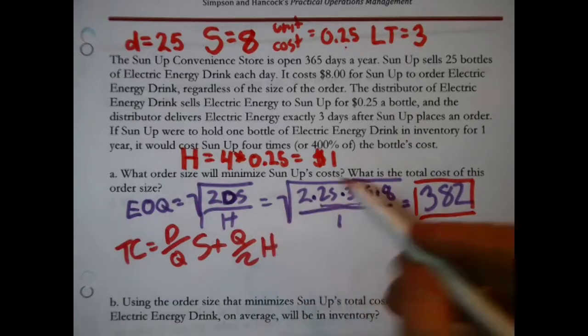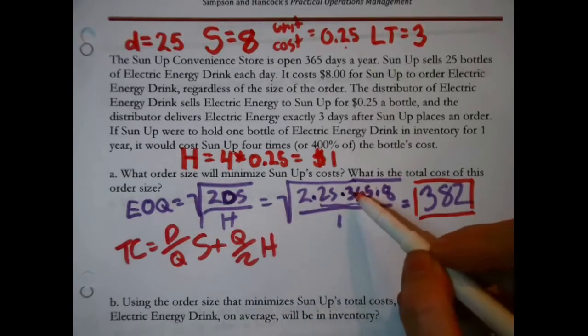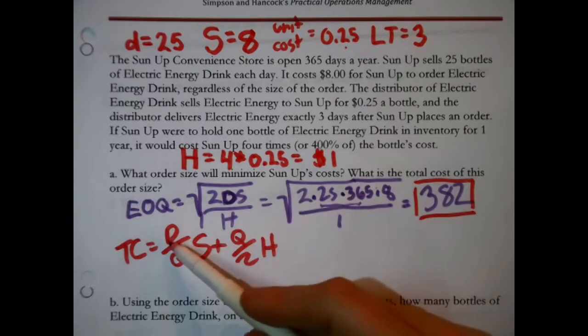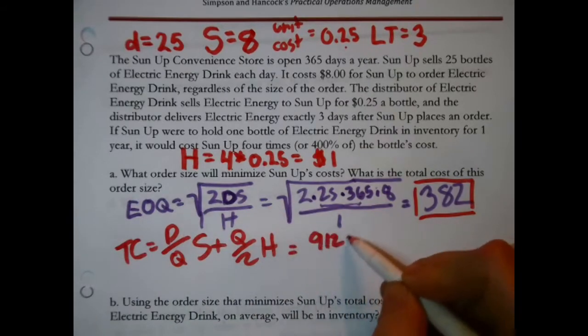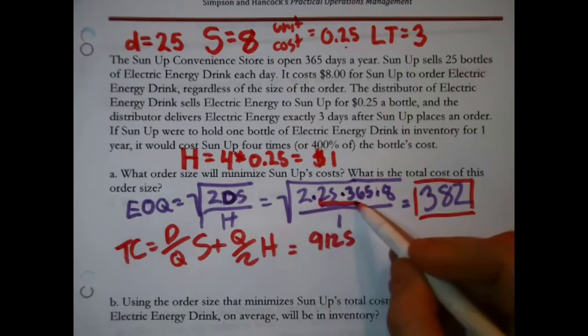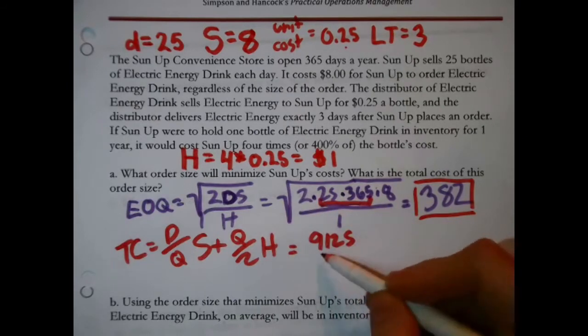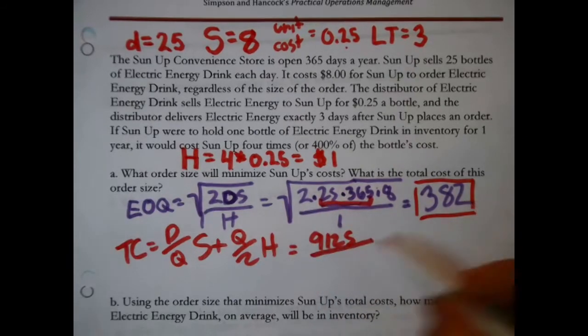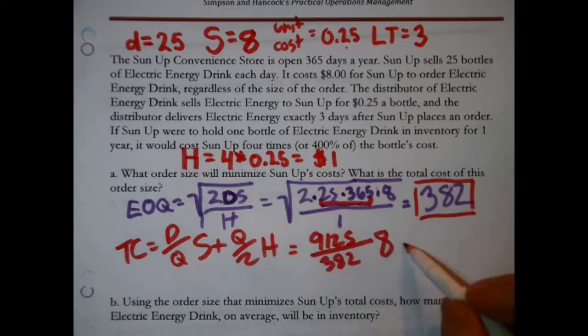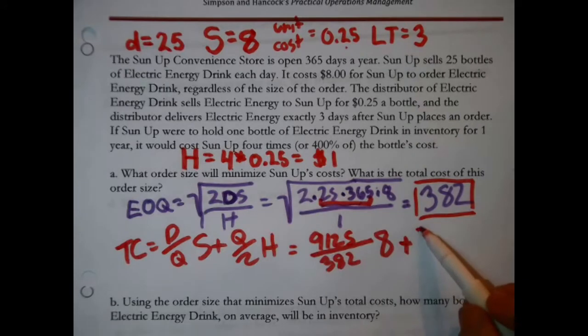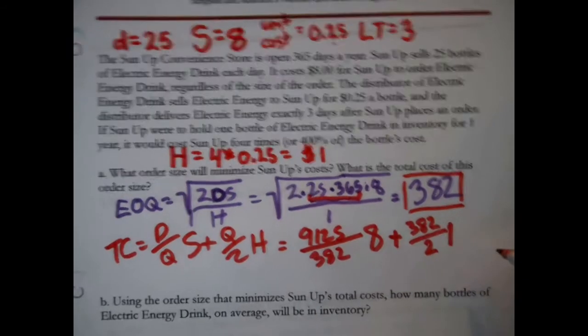The 25 times 365, that's our D. That actually is, you can check me on this, 9,125. That right there is what D is. Divided by Q, which is 382, times 8, because that's our S, plus 382 divided by 2 times H, which is just 1.